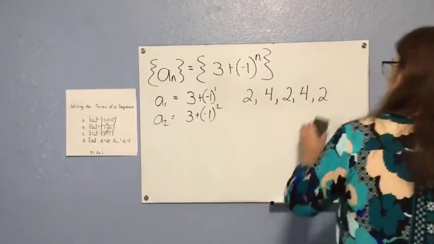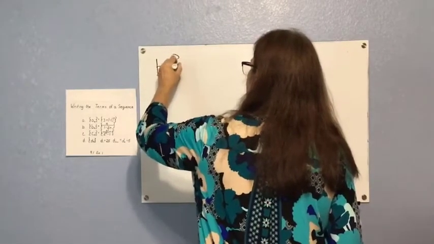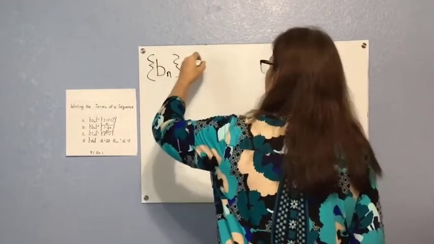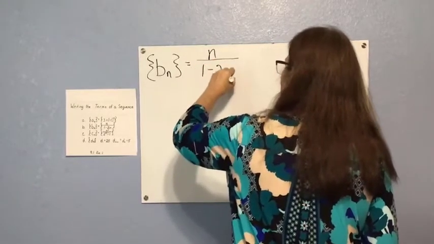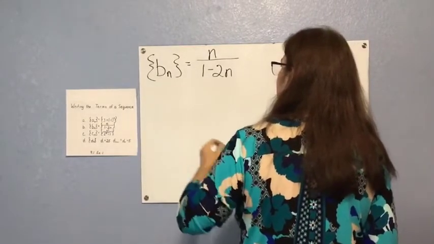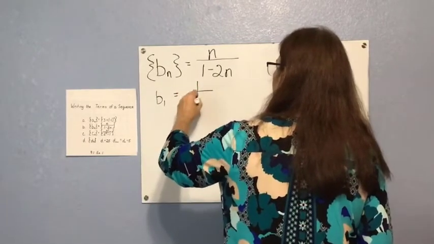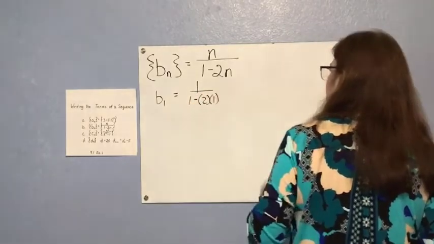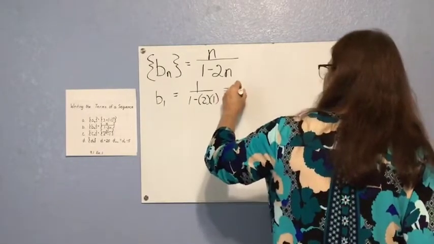Let's look at another sequence. This sequence b sub n is going to equal n over 1 minus 2n. Again, we can replace n with the integers, so that b sub 1 is 1 over 1 minus 2 times 1, which is equal to -1.